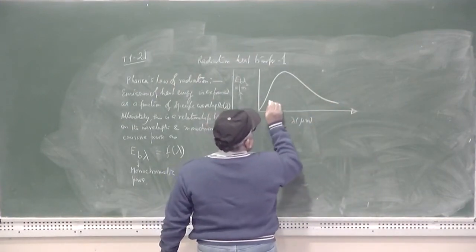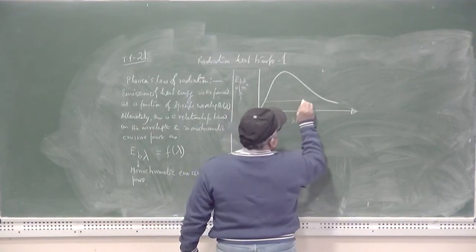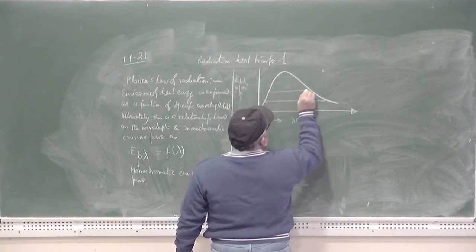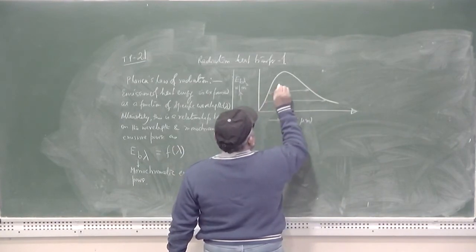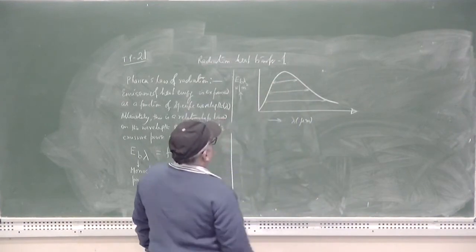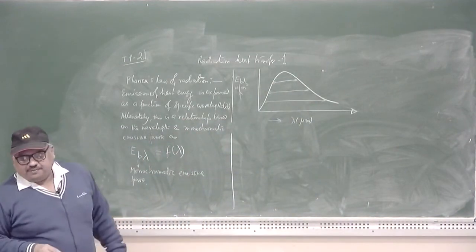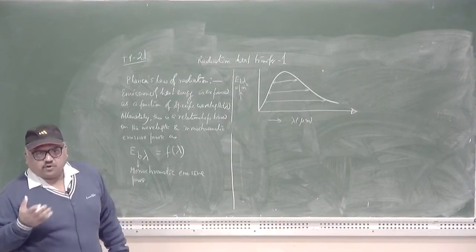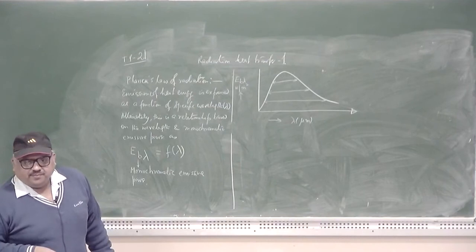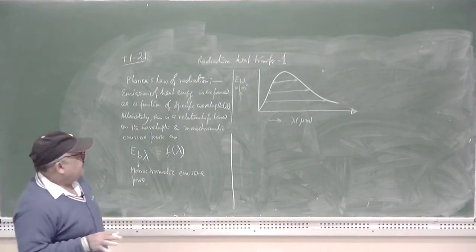Now, taking the reference of this shaded portion, this is the nature of the curve drawn between the monochromatic emissive power as a function of wavelength measured in micrometer.